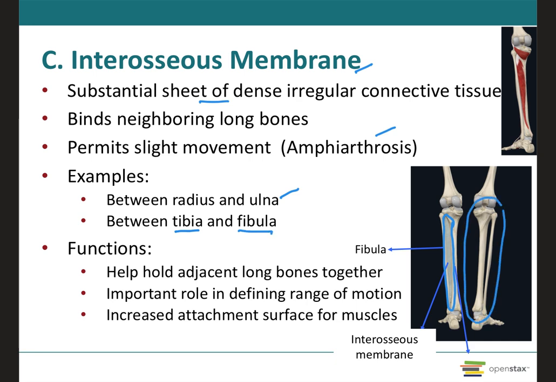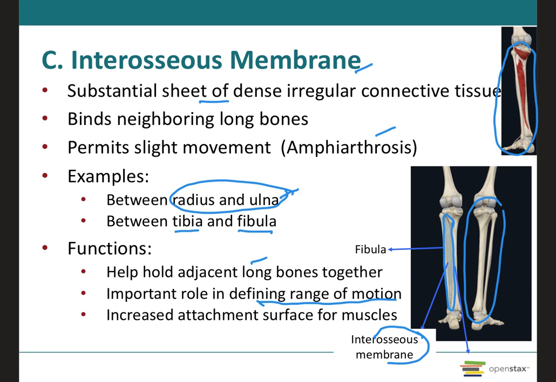These strong connective tissue sheets not only help hold the adjacent long bones together, but they will also play this important role in basically defining the range of motion between these neighboring bones, and also they will provide an increased attachment surface for muscles that produce movements of the digits of the hand in case of the interosseous membrane that's present in the forearm, or of the foot in this case over here for this interosseous membrane that's present between the fibula and the tibia.